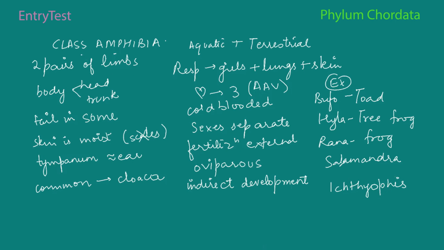Alright, so let's just summarize what we've done in class Amphibia so far. They have two pairs of limbs. The body is divided into a head and a trunk. Tail is there in some, skin is moist without scales, tympanum exists for the ear, and the reproductive, the alimentary, and the urinary tracts open up into a common chamber called the cloaca. They can be both aquatic and terrestrial.